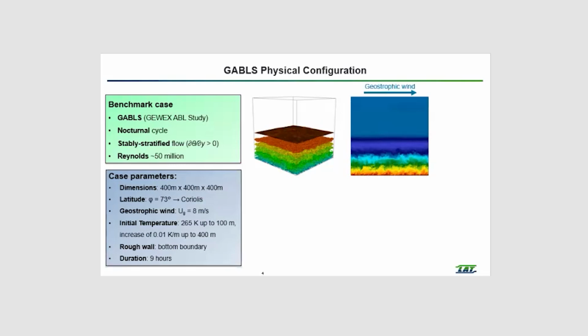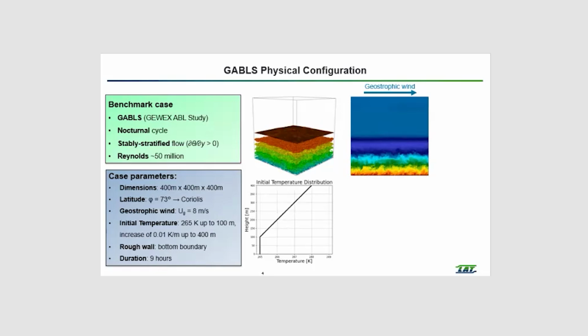The control volume, the computational domain of our case, is basically a cube with a side length of 400 meters. The latitude for our case is 73 degrees, which affects the Coriolis parameters and the Coriolis force. We have a geostrophic wind, in the X direction, a constant geostrophic wind that drives the flow, of 8 meters per second.